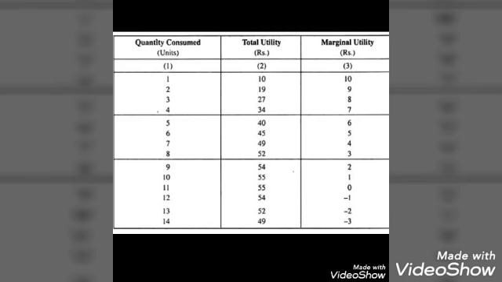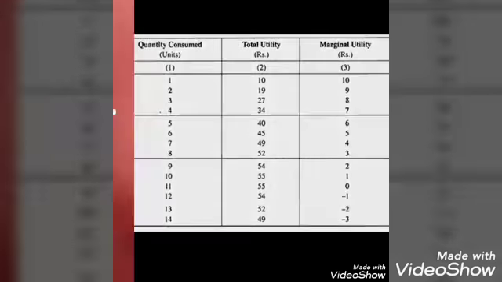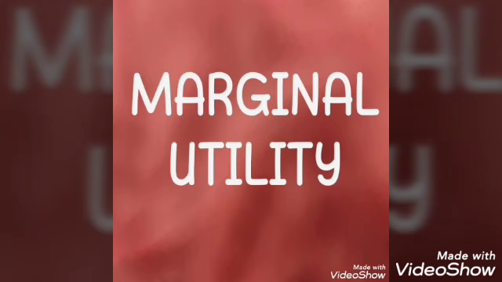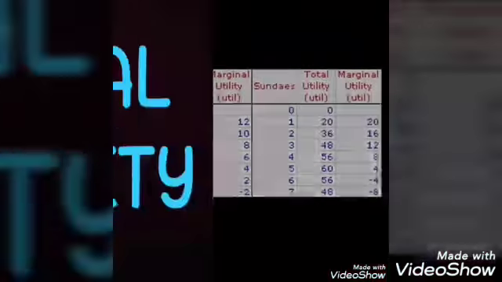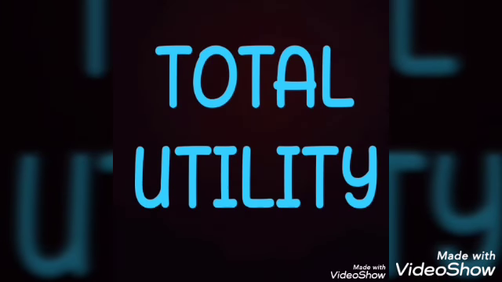When we consume one more unit, by how much our utility increases is called marginal utility. Then total utility. Total utility means the sum of utility derived from the consumption of all units of a commodity.